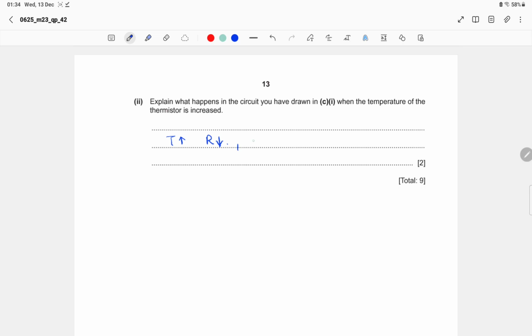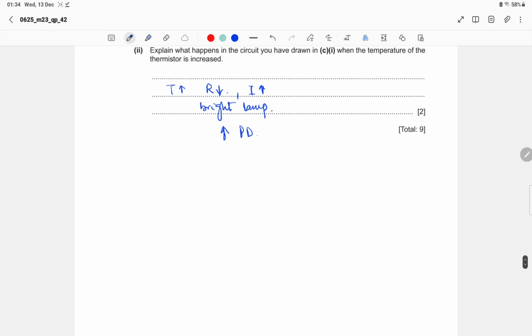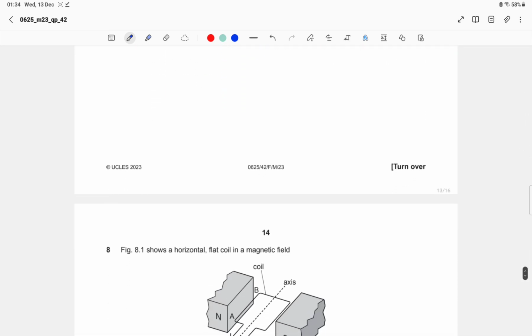There will be more current inside this, so the brightness of the lamp will increase. There will be an increase in potential difference as well.